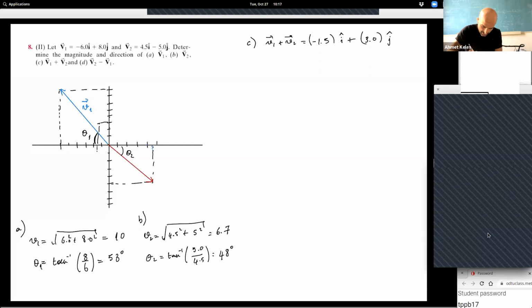So let's use a different color for this, maybe green. Something like this. This one is V1 plus V2.